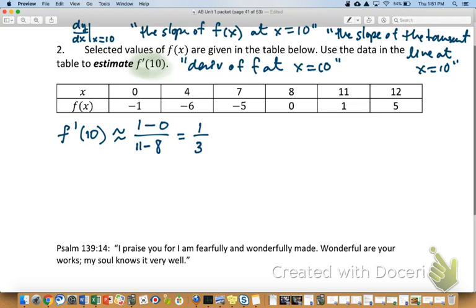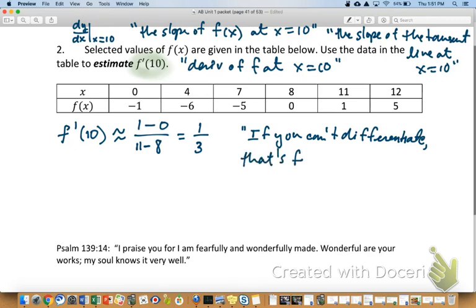Okay, so there's that phrase I think I shared with you guys sometime before. Here it is. If you can't differentiate, did I tell you this before? If you can't differentiate, that's fine. Just use what? It rhymes, so that's helpful. If you can't differentiate, that's fine. Just use, what did we use?